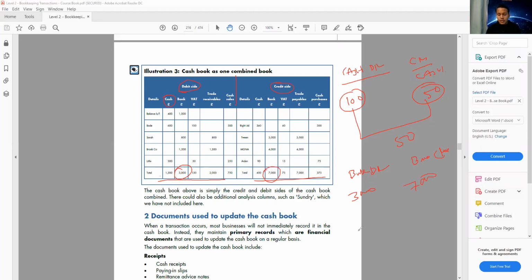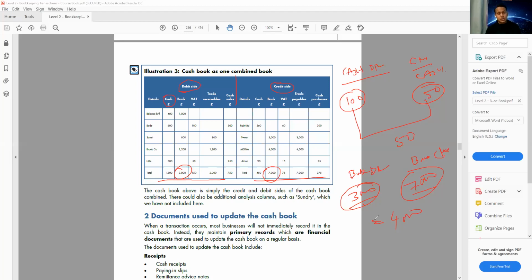Now you received £3,000 and you paid £7,000. That means you paid more than you received, more than you have. So you end up with an overdraft, minus 4,000. Remember that the bank balance could go to negative.